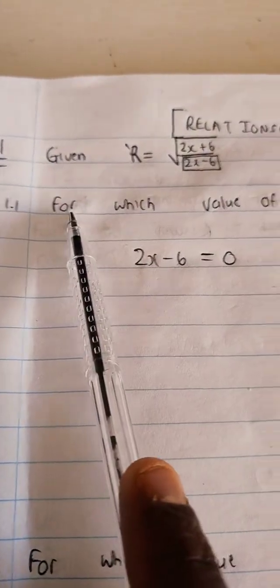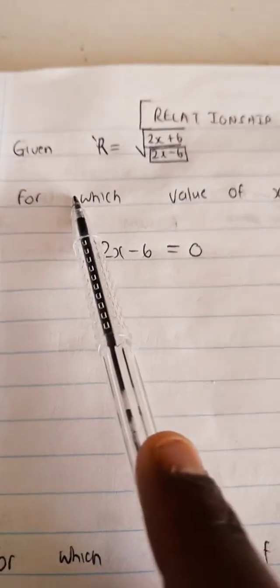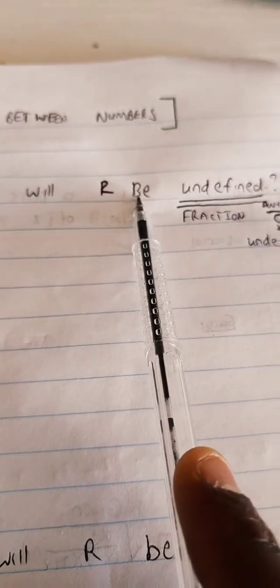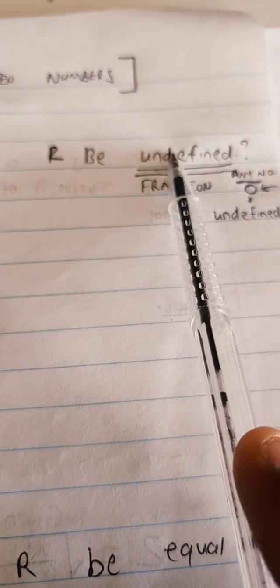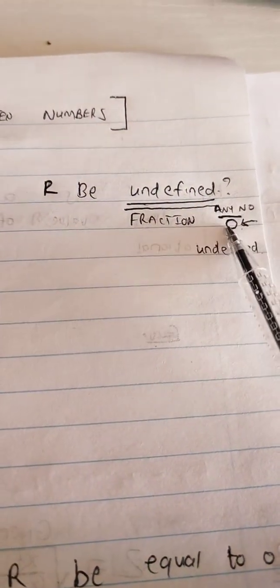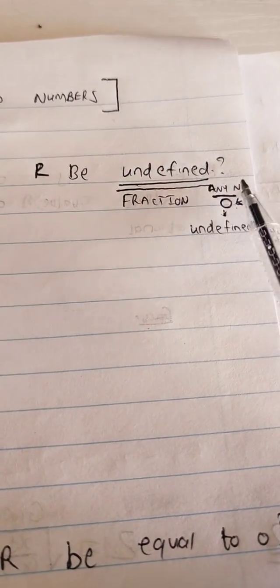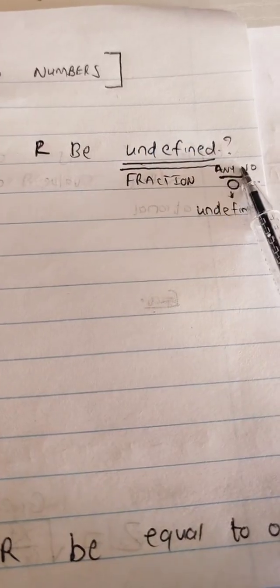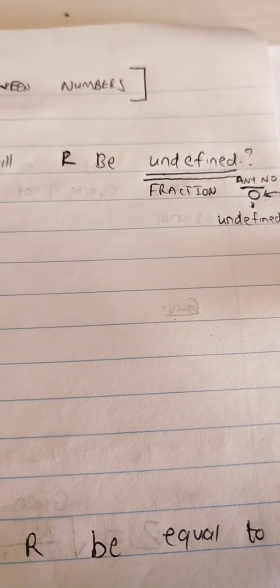They want us to find the value of x by which r will be undefined. Undefined means any number divided by 0. In a fraction, whenever we have 0 in the denominator, we say that particular fraction is undefined.